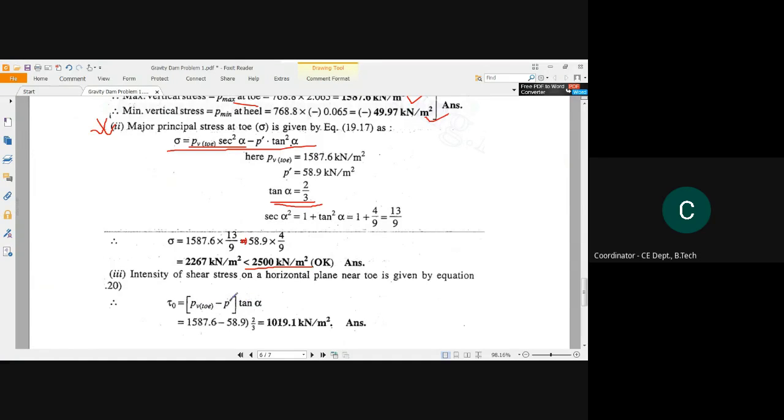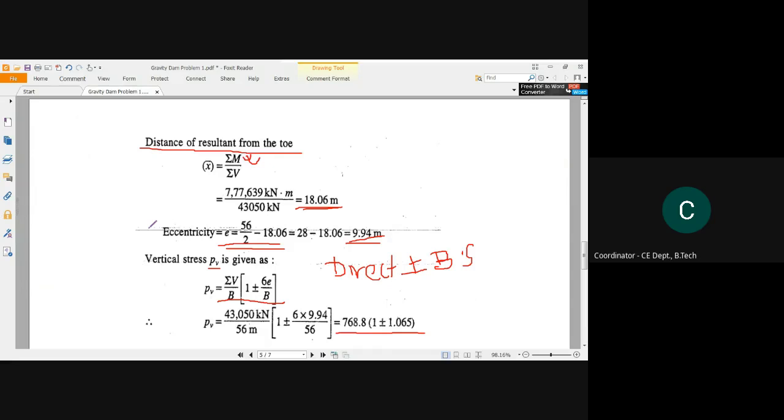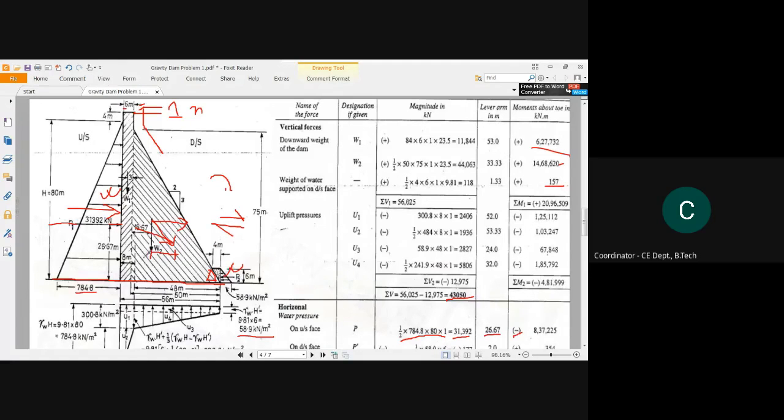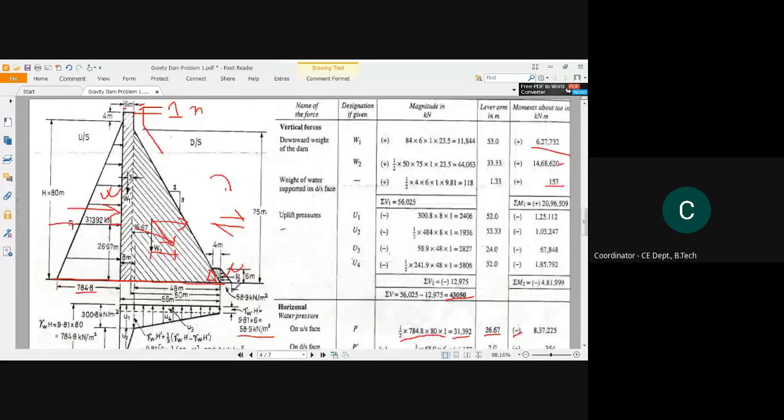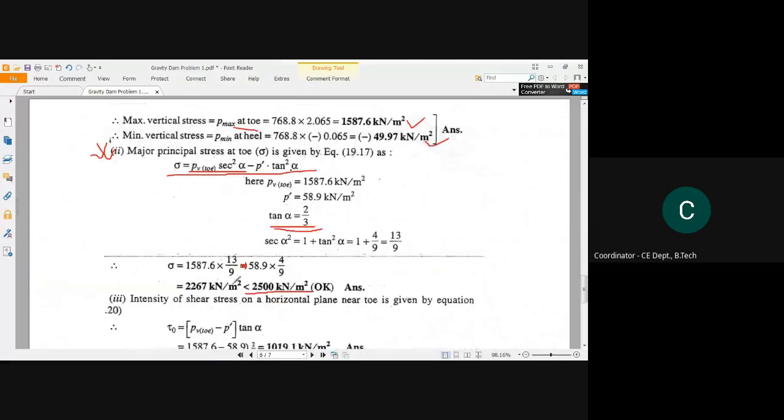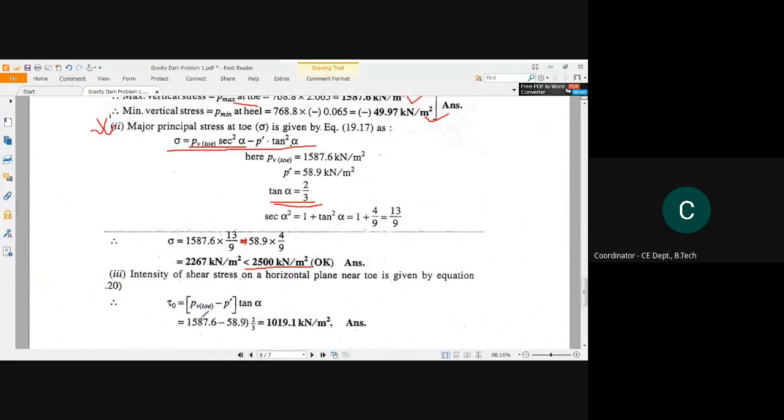Well, PV toe, we know, is all the vertical forces at the toe due to the weight of the dam and all the vertical forces, including the uplift pressure, minus the base pressure due to the tailwater. This will give me PV toe minus P dash into tan alpha. So tan alpha we know is 2 by 3.